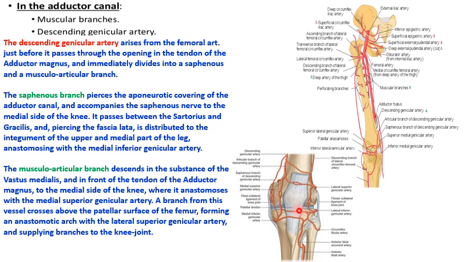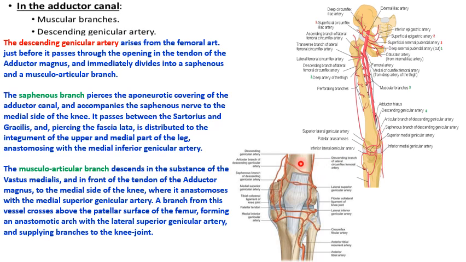And now the musculoarticular branch. It descends in the substance of vastus medialis and in front of the tendon of adductor magnus to the medial side of the knee.